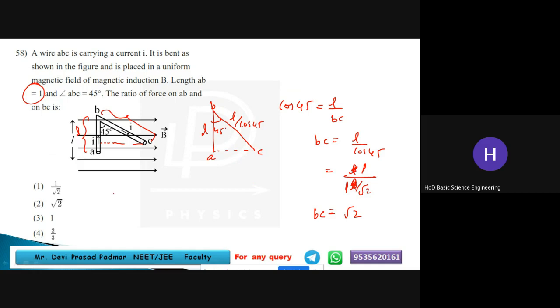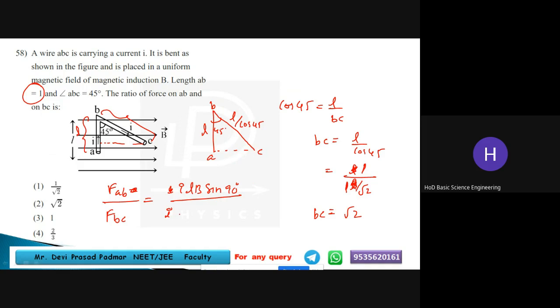Yes. So now force on AB divided by force on BC. What is force on AB? I L B sine 90, divided by force on BC.